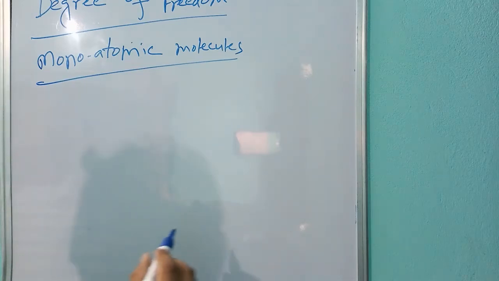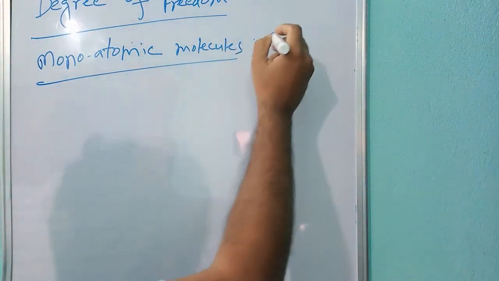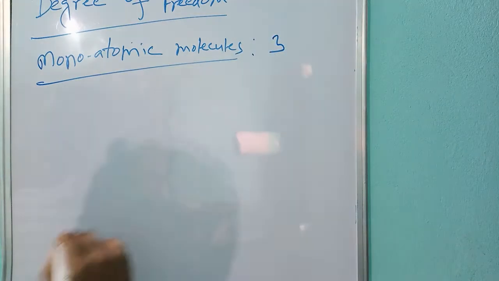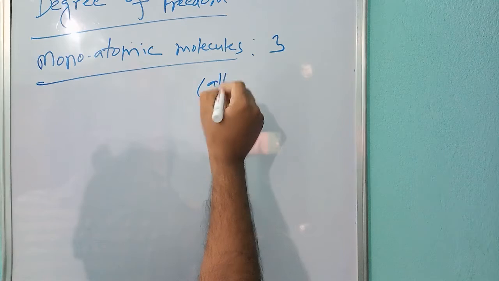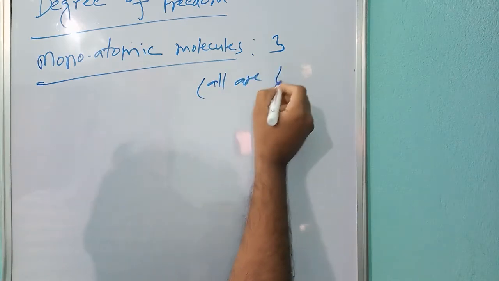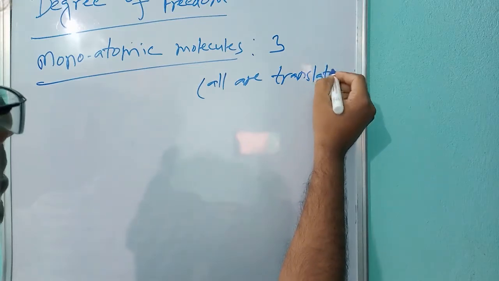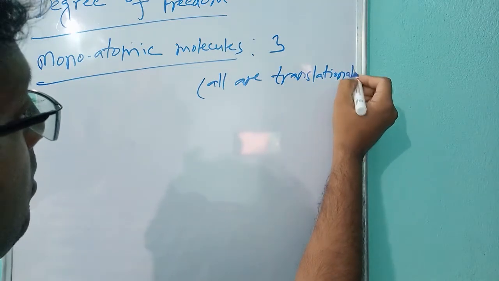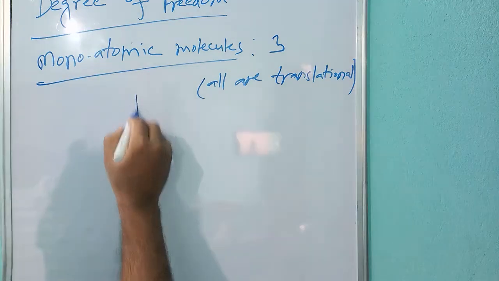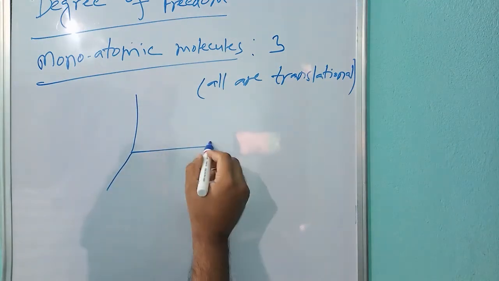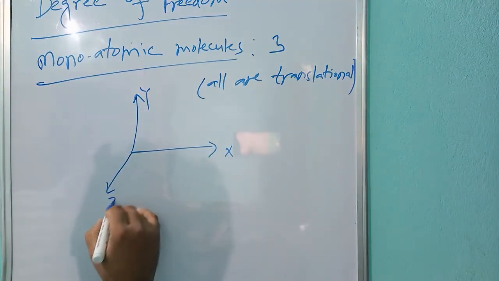So in a monoatomic molecule the degree of freedom will be equal to 3, and all of these 3 are translational. Suppose here I take x, y and z.